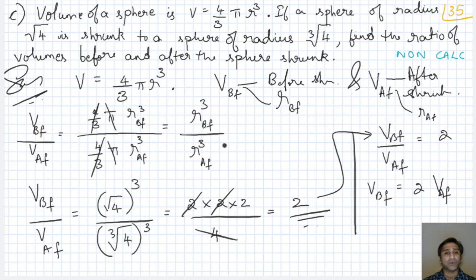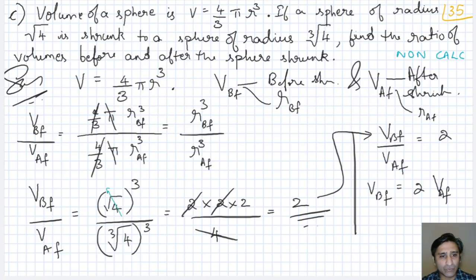All right, so let's walk ourselves through what we have done and find out whether everything is correct, shall we? What did we do? We took the ratio of 4 by 3 pi r cube before and after. Very good. 4 by 3 and pi are constants, so they cancel away. So R_BF whole cube divided by R_AF whole cube, and R_BF is nothing but square root of 4, which is just 2.